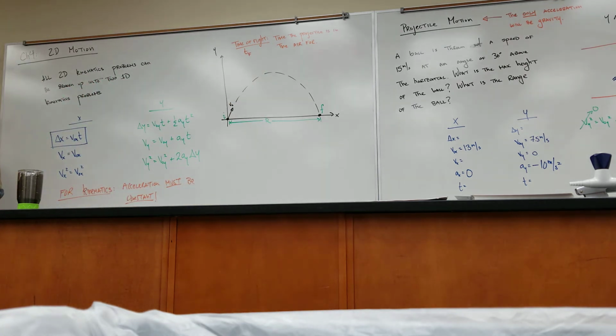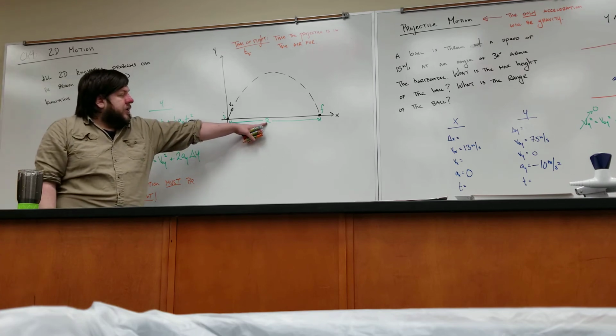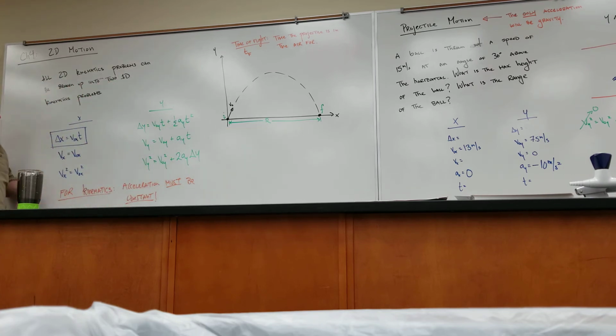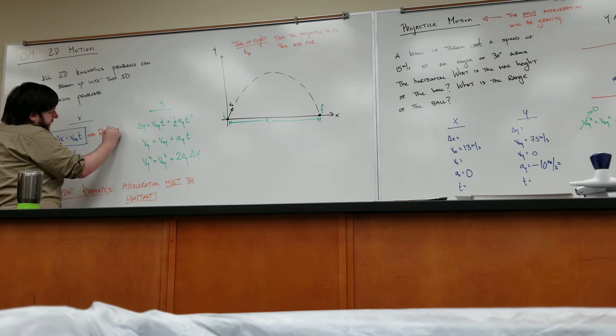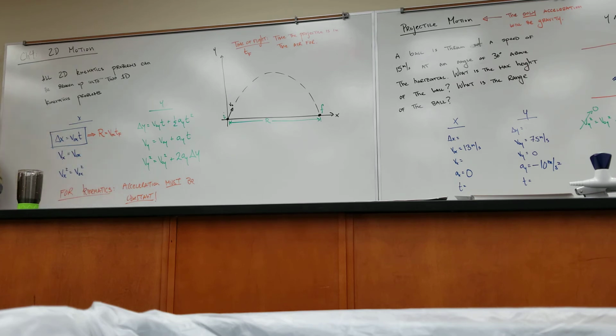Okay? So if we want to find the range, all we need to know is the initial velocity in the x direction and the time of flight. This equation right here just translates to the range is the velocity in the x direction multiplied by the time of flight. Okay?